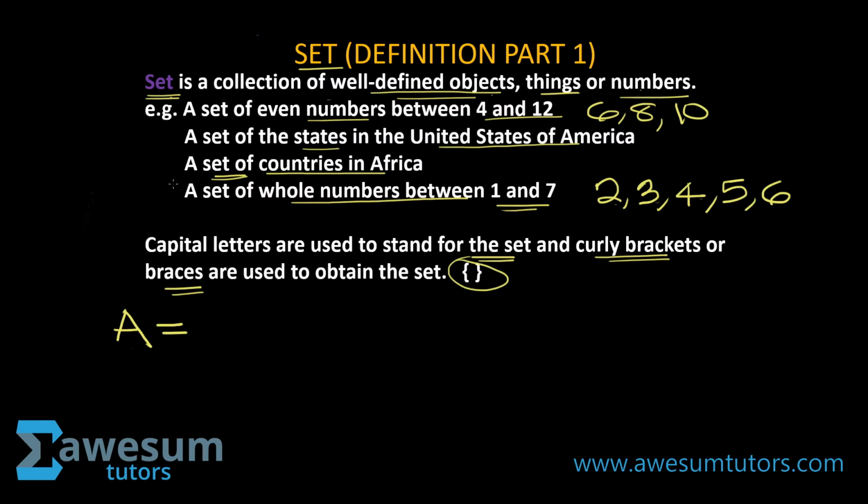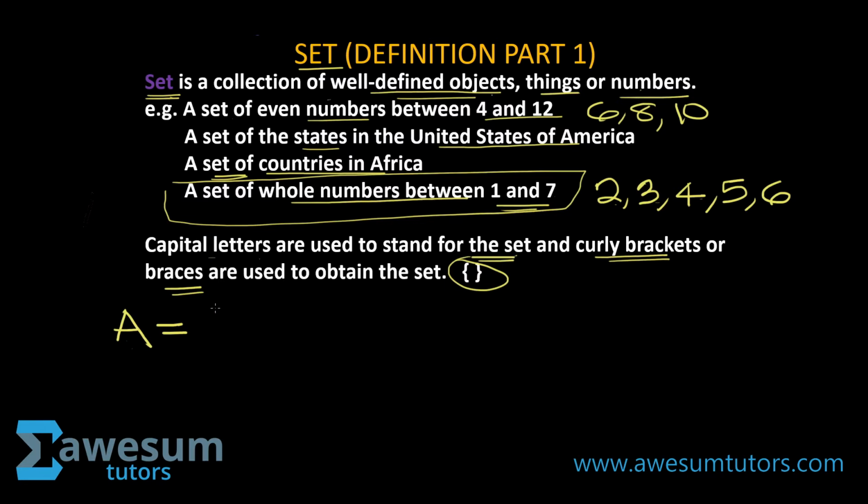If I want to write this set, a set of whole numbers between 1 and 7, I can represent it as A. Remember, we said capital letters are used to stand for the set.